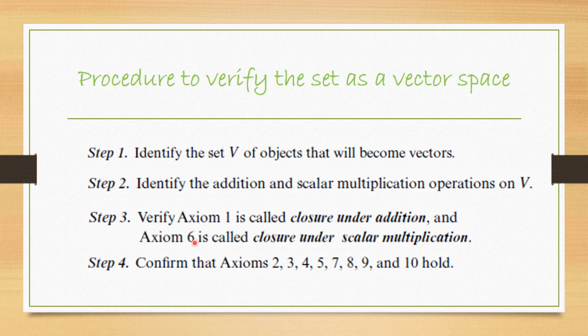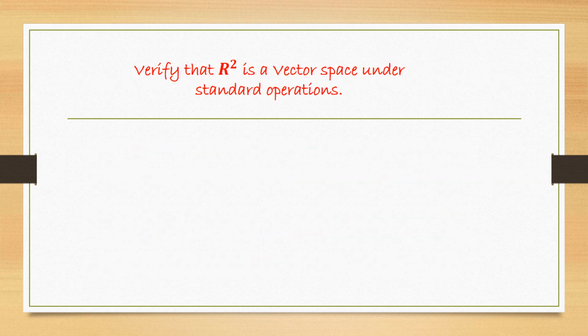Step 4. After verifying axiom 1 and axiom 6 for closeness, we have to verify the remaining 8 axioms one by one. Though some of the axioms look very obvious, it is always a good practice to verify each and every axiom to check whether the defined non-empty set of objects behaves as a vector space or not.